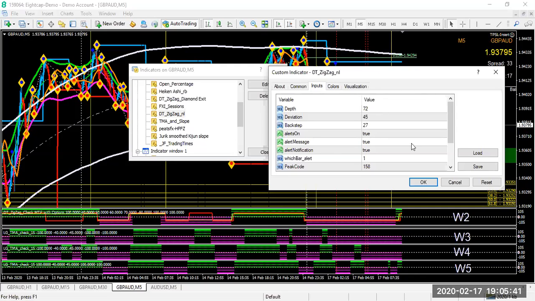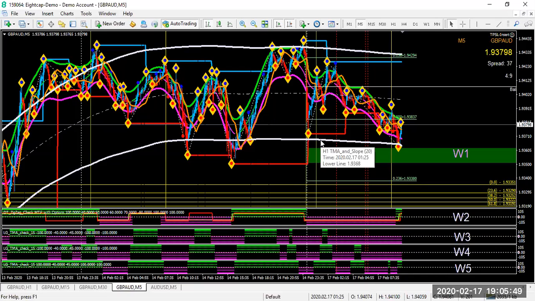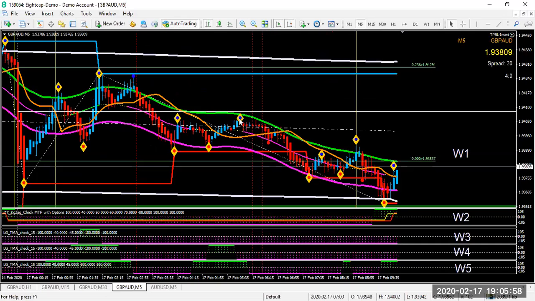So a lot of times they'll be the same as the 1 hour. It's not going to keep giving an alert unless it's actually at the extreme of the 5 minute river, and a lot of times that same diamond's outside the 1 hour.